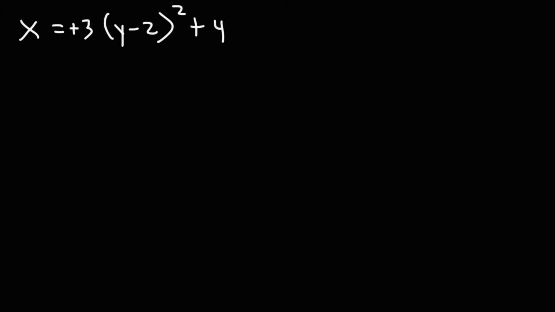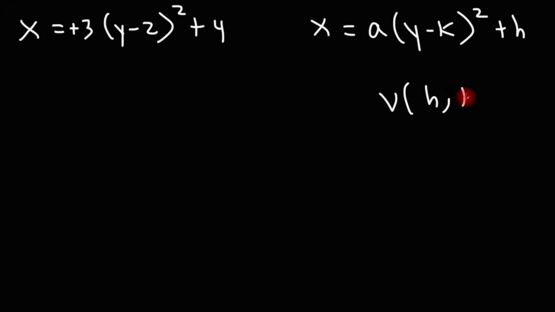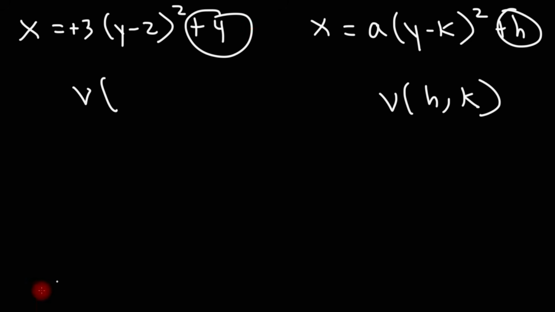Now what's the vertex? The standard form of this equation is x is equal to a times y minus k squared plus h. So the vertex is h comma k. So h is simply 4. If you set h equal to positive 4, that's what it is.